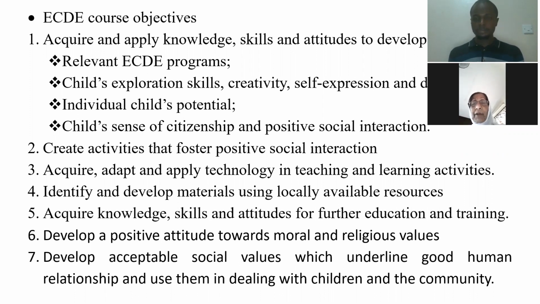Encourage them to learn further, to go for further education, and tell them to do further research. I'm not just talking about nursery, I'm even talking about primary. Tell them to acquire more knowledge and skills, and they can go for further education.